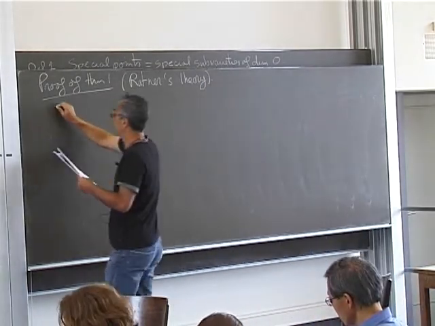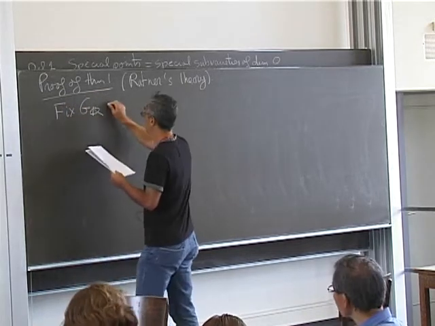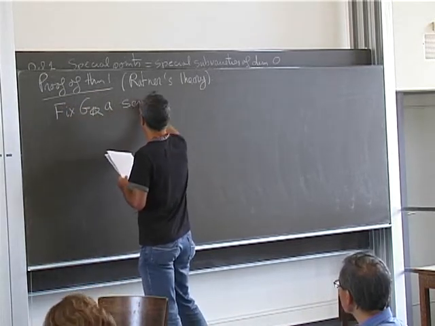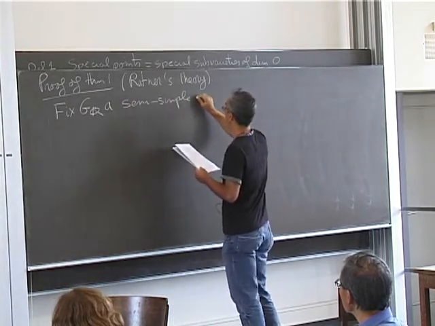So here is the situation. Fix G over Q a semi-simple group.